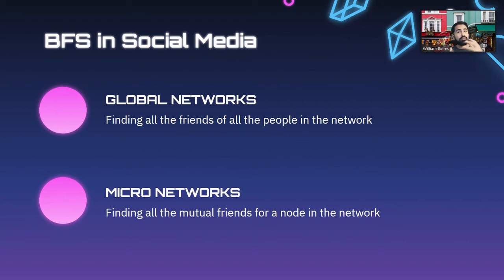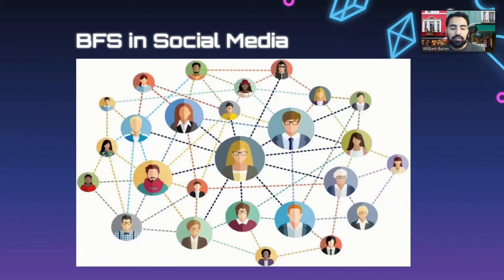The same goes for a smaller network. Say we're just looking at the mutual friends between two nodes. We can run a BFS to get all those friends lists. So this is a visual of what one of these social networks might look like if we drew it as a graph. And if we wanted to do that nth level friends, those mutual friends, we could take any two users like this.